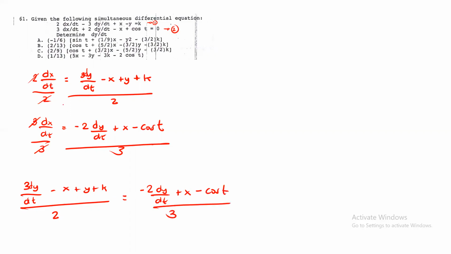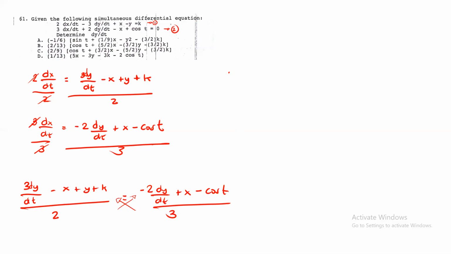So pinag-equate natin yung dalawang dx over dt, no? Then pagsamahin na natin siya. So itong cross multiply, i-times natin itong 3 dito sa kabila, then times natin 2 dito sa kabila. So magiging 9. So paano magiging itsura niya?